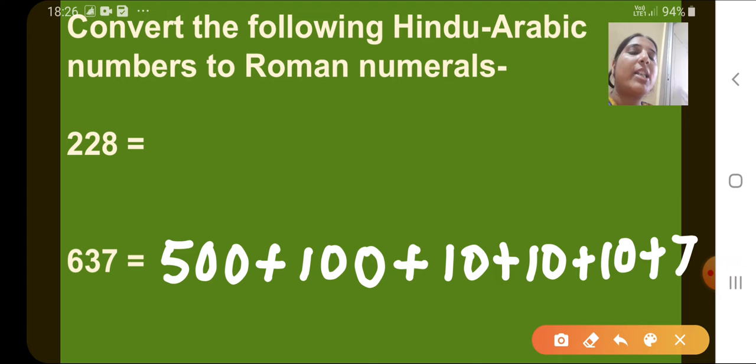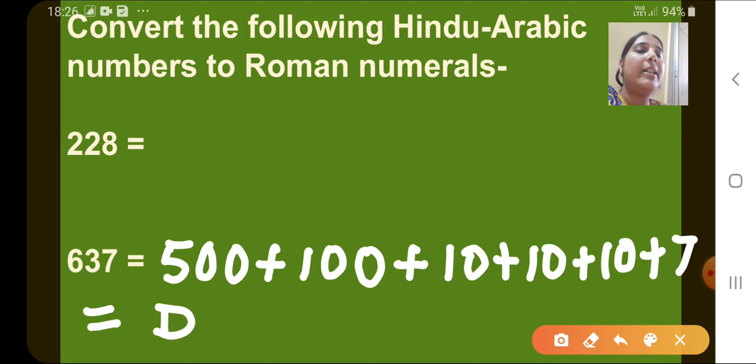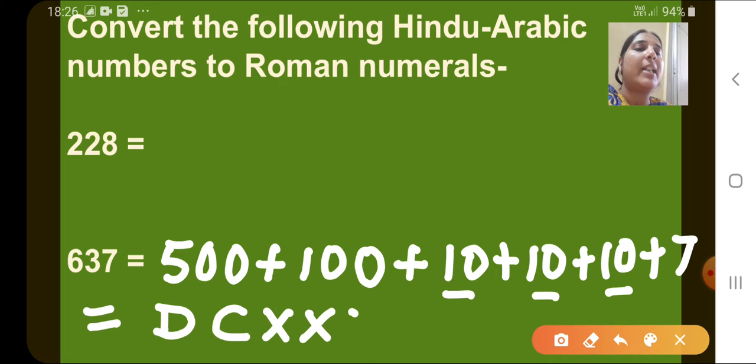Okay. Now let's write Roman numerals for them. How do we write 500? We denote it by the letter D. Then how do we write 100? C. Then how many times do we have to write X? Yes, you can see 3 times 10 is there. It means 3 times we have to write X here.